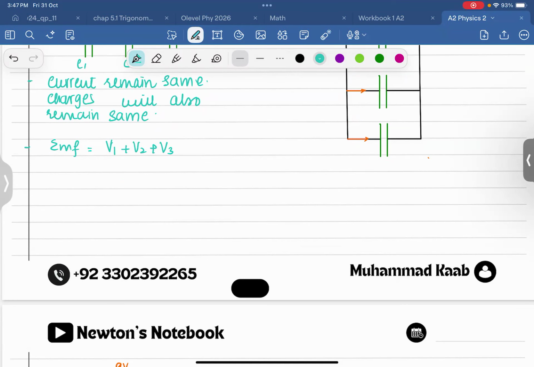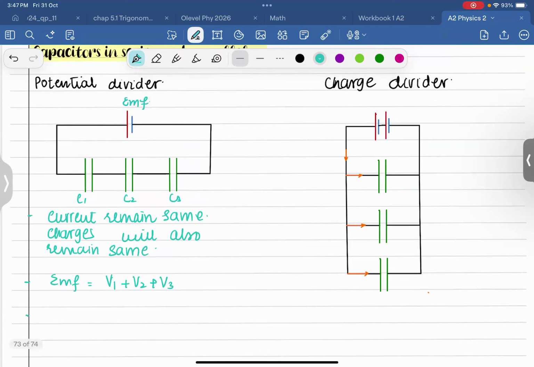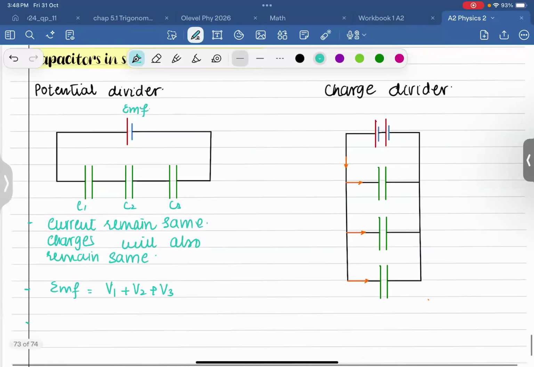The third thing is to find the relationship between the combined capacitance and the individual capacitances. The derivation is important. Let's apply the formula everywhere. The total charge generated from the battery is equal to the total capacitance in the circuit times the EMF.